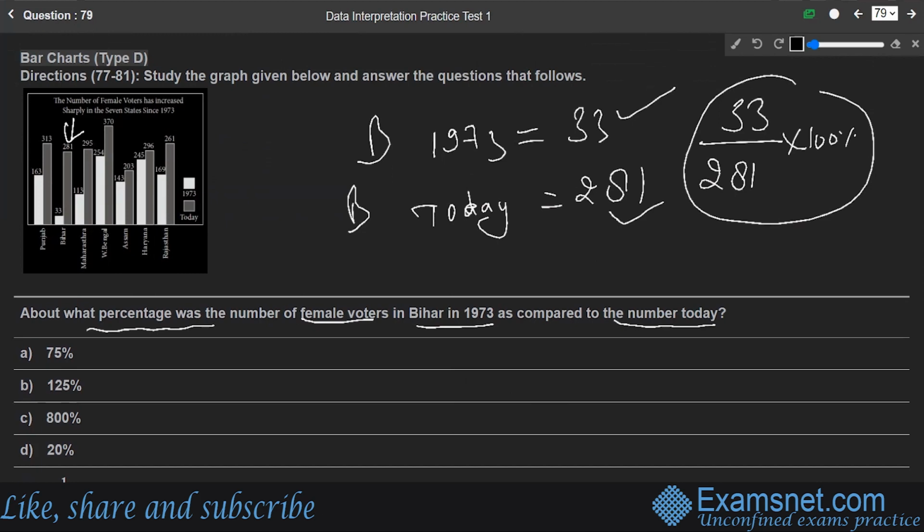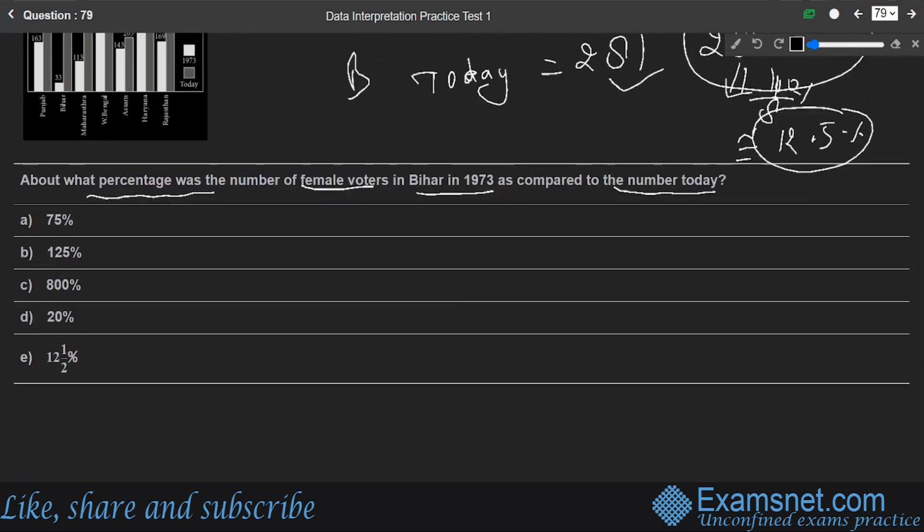If we solve this exactly, this is somewhere close to 1 by 8%. That is nothing but 100 by 8%, that is nothing but 12.5%. Okay, so let us see among the options. They are asking for the percentage value, and if you see the option number D states 12.5%. So that becomes the right answer.